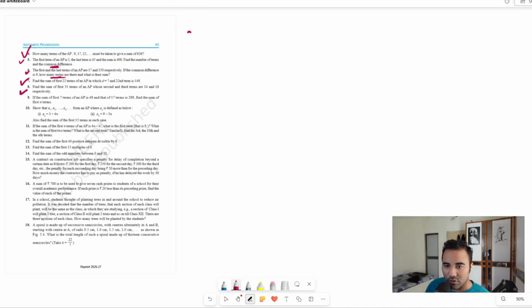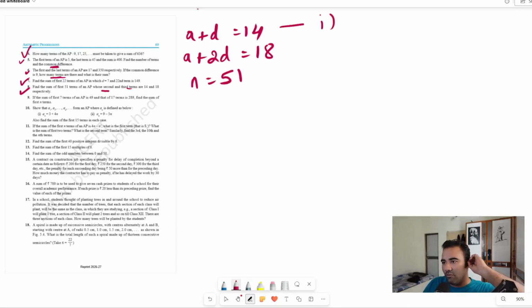Let's go to question number 8. Find the sum of first 51 terms of an AP whose second and third terms are given. The second term is a plus d is equal to 14, and the third term is a plus 2d is equal to 18, and n is equal to 51 terms we have been given. This is your equation 1, this is your equation 2.